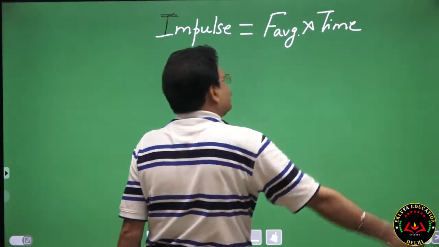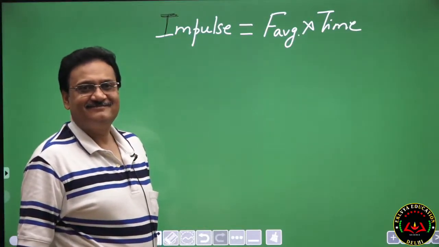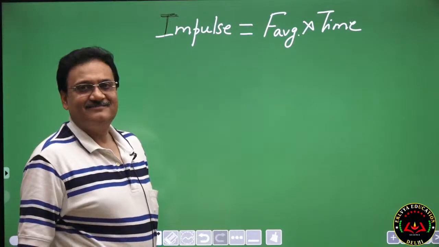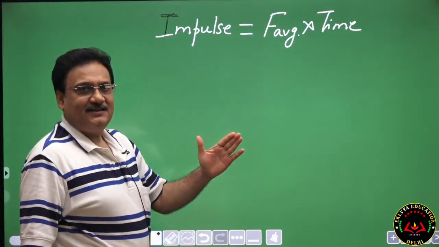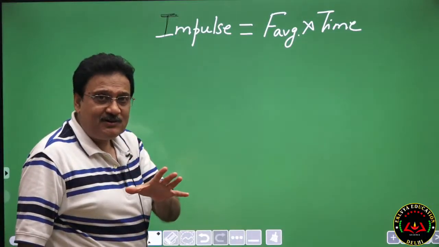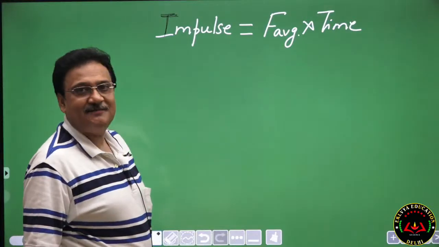This is its actual formula. Right? So this, now is it absolutely clear? So force average into time.